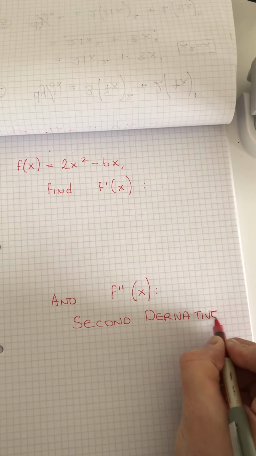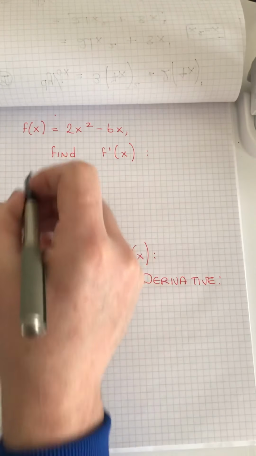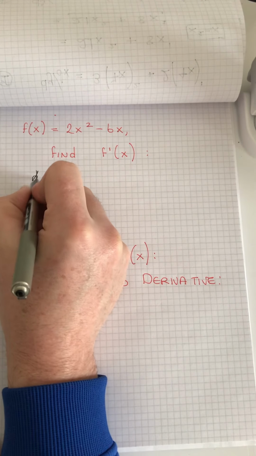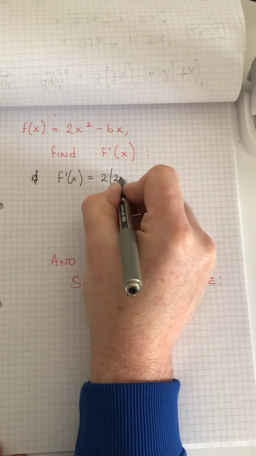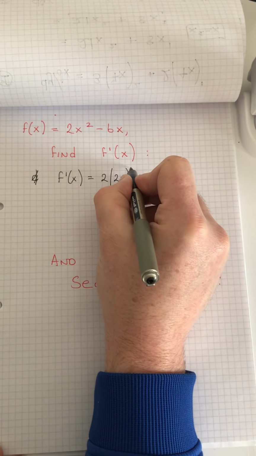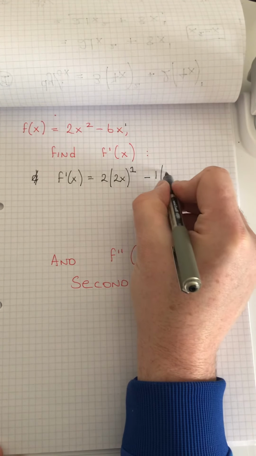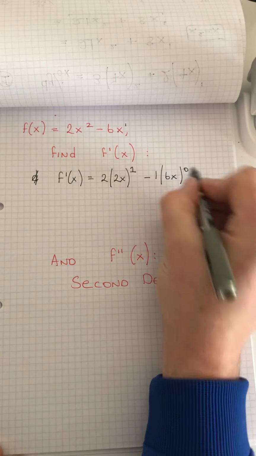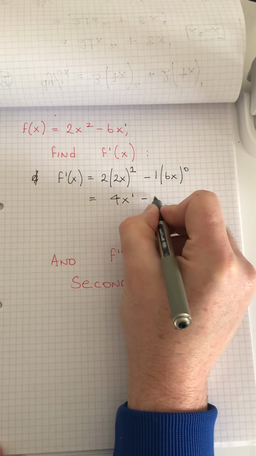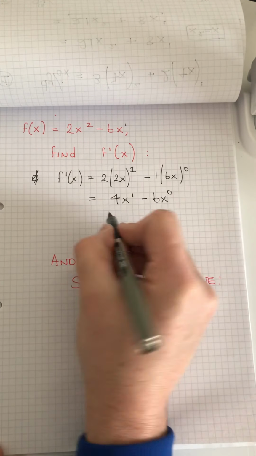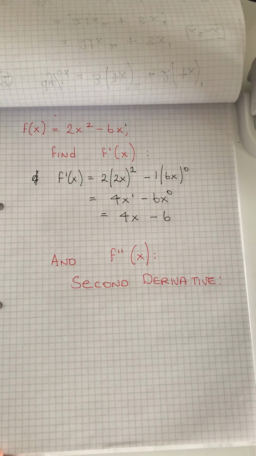Okay, so for our first derivative, multiply by the power. Now in this case, f dash of x is equal to 2 times 2x, reduce the power by 1, 2 take 1 is 1, minus 1 times 6x, 1 take 1 is 0, which gives you 4x to the power of 1, minus 6x to the power of 0, which is 4x minus 6.